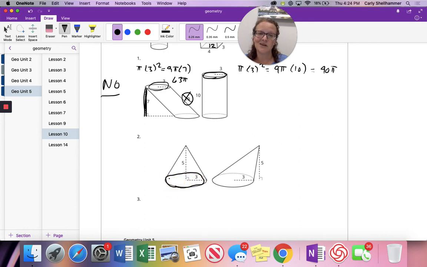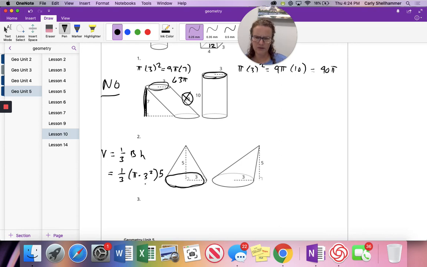Same here. Well, this one's a little harder. The volume here, you have to write this one down, which is 1/3 big B times H. We'll get to why in a little bit. So 1/3 big B is pi r squared, and H is 5.